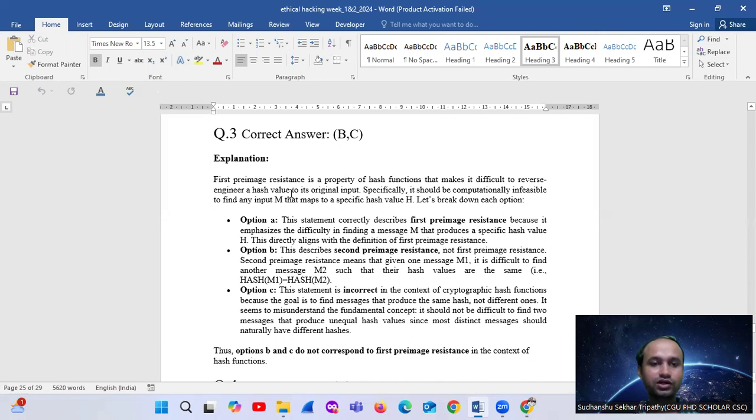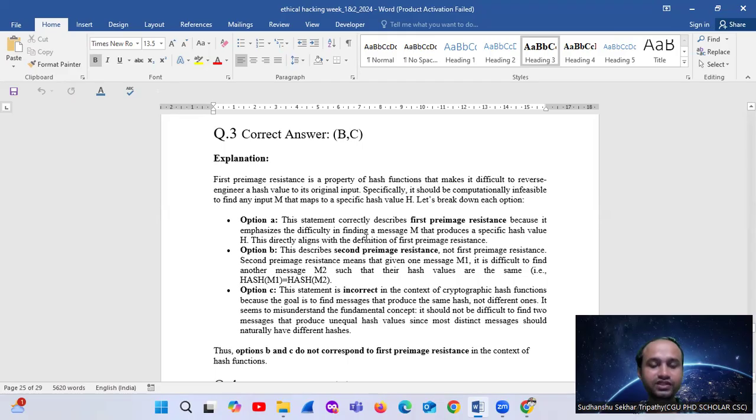Okay, explanation होगा कि first preimage resistance is a property of hash functions that makes it difficult to reverse engineer a hash value to its original input. Specifically, it should be computationally infeasible to find any input m that maps to a specific hash value h. Let's break down each option.